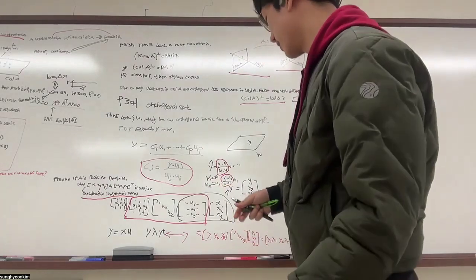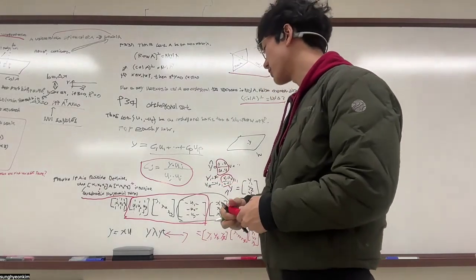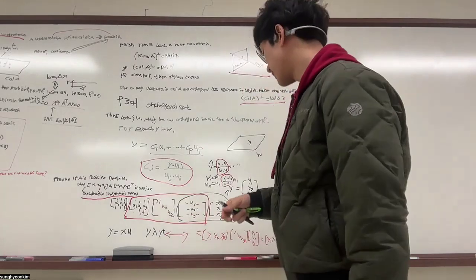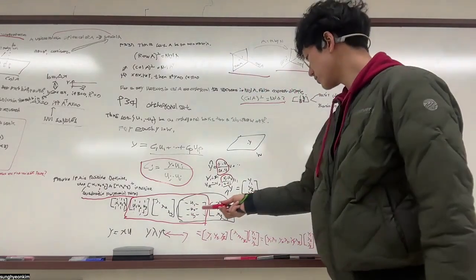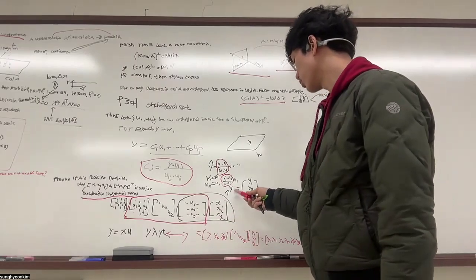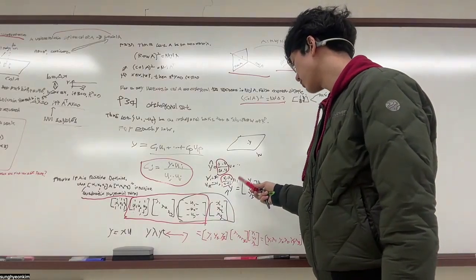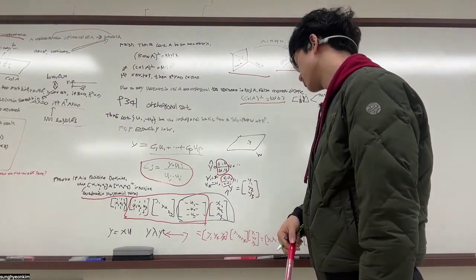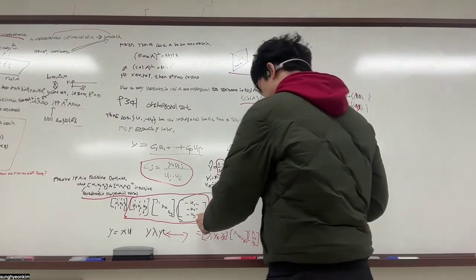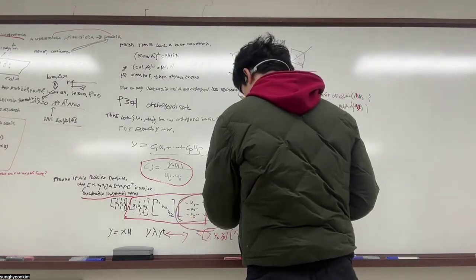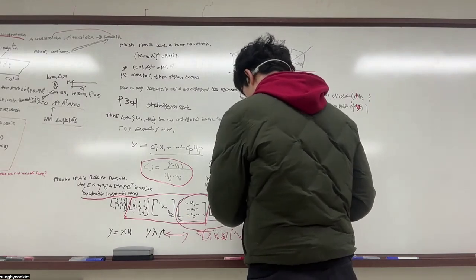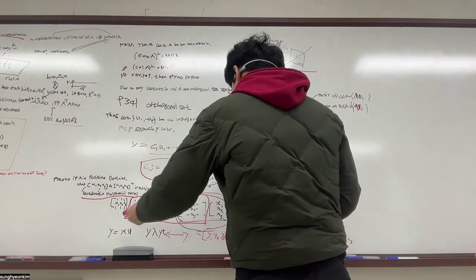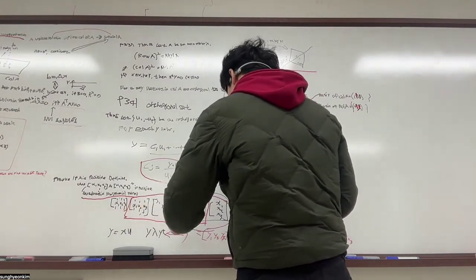So we can orthogonally diagonalize. So there will be unit vectors and there will be eigenvalues. Then we can write this portion as a vector y, which is y1, y2, y3.